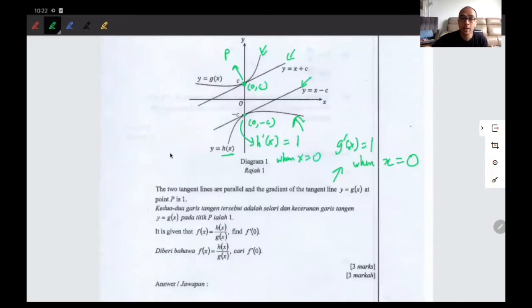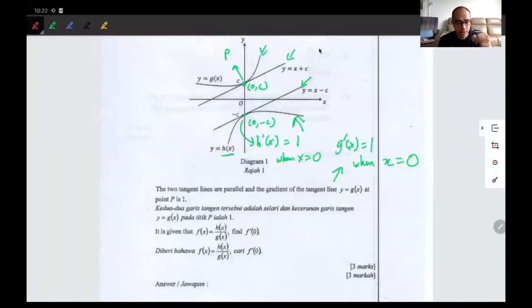Now, I admit, this question, although it's pretty basic, is actually a little bit tough. I admit this is a rather unusual question. It's a very good question, but it's tough.